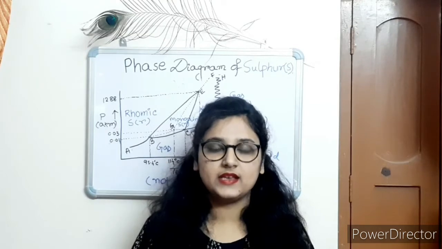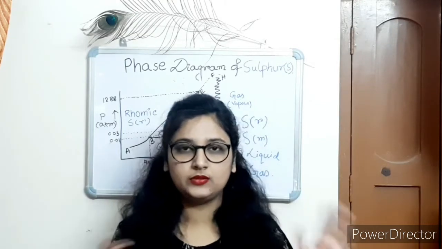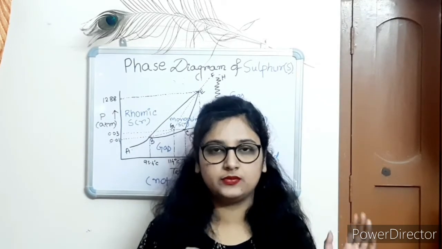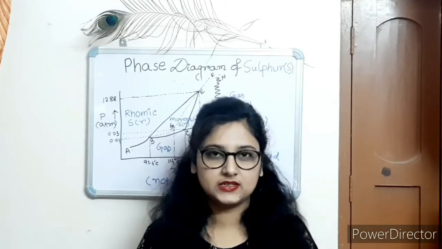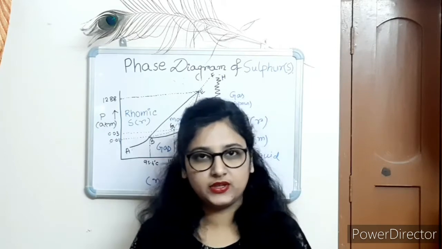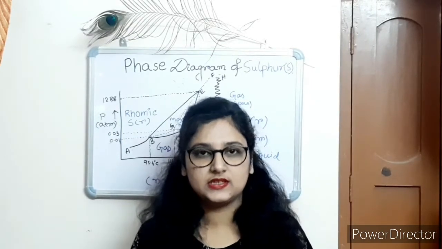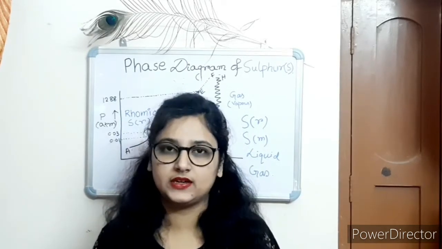So ice has only a single crystal structure throughout the region of the solid state, but for the case of sulfur, there are two types of crystal structure in the solid state. One is orthorhombic sulfur and another is monoclinic sulfur. So this is the major difference between the sulfur system and the water system.